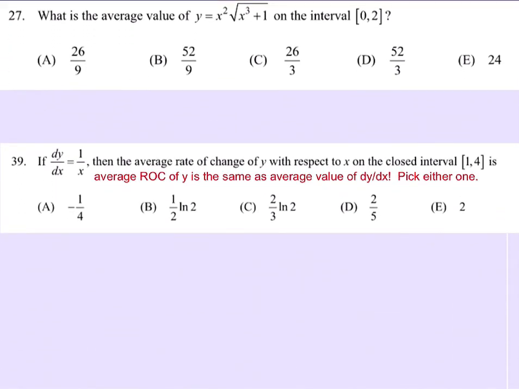So you could either find the average value of 1 over x on the interval from 1 to 4, or you could find out what y is using the antiderivative, solving the differential equation, and then find its average rate of change on the interval from 1 to 4. You would get the same answer either way.